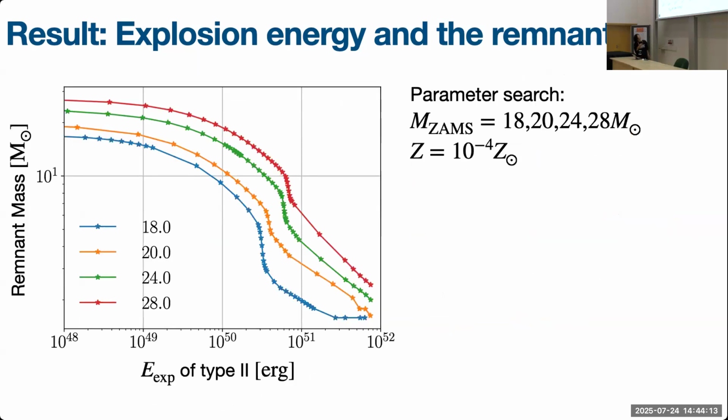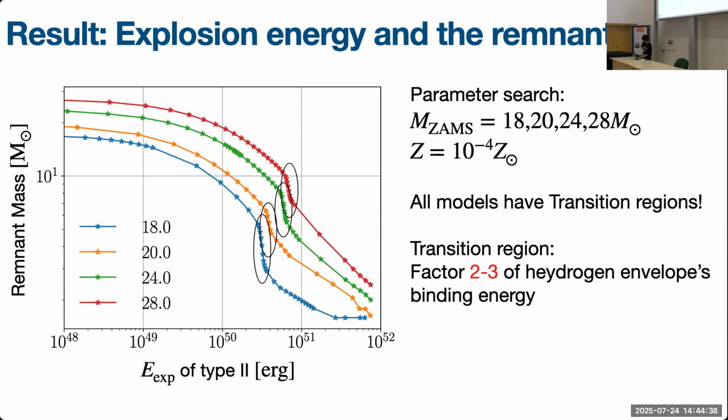So here is the expanded result. The ZAMS mass is 18 to 28 solar masses, but all these models have the same metallicity, 10 to the minus 4 solar metallicity. This figure's x-axis is explosion energy and the vertical axis is remnant mass.